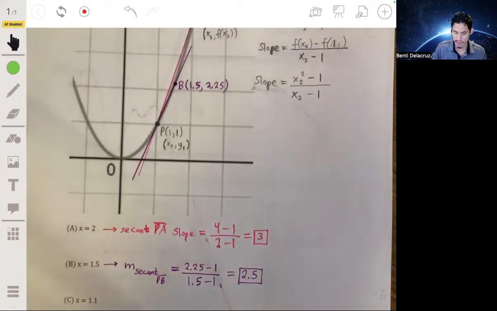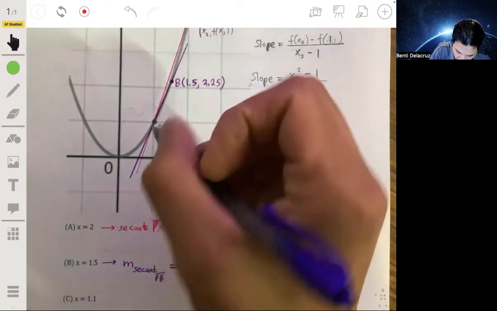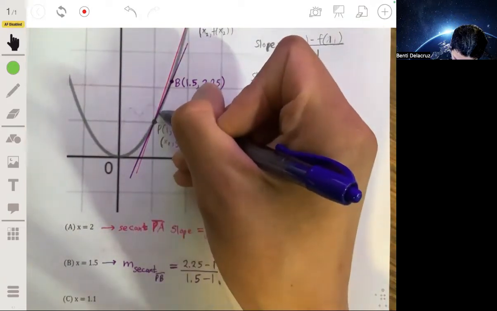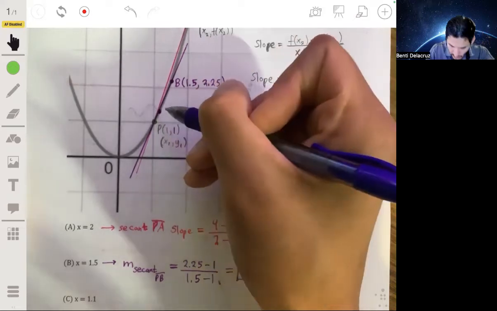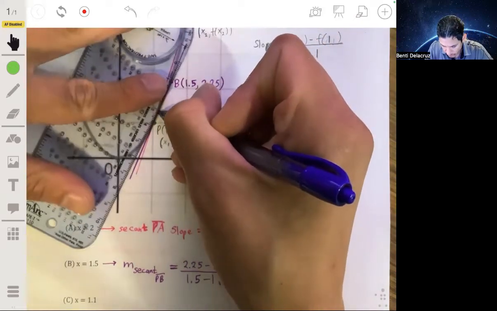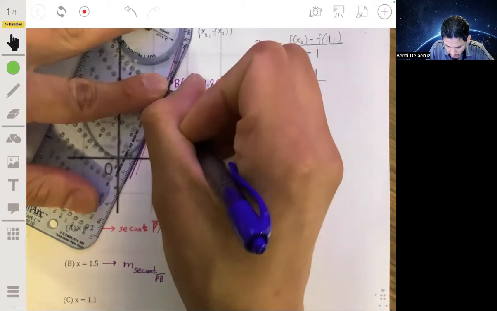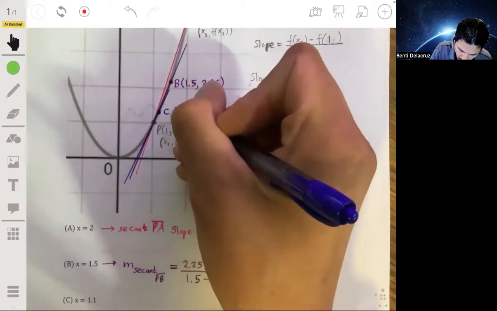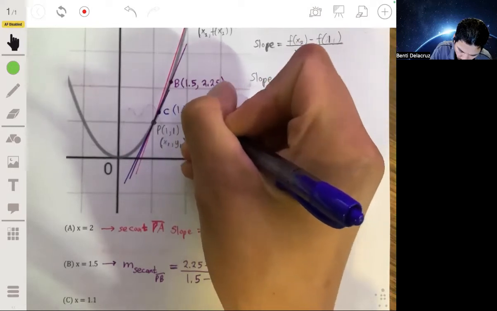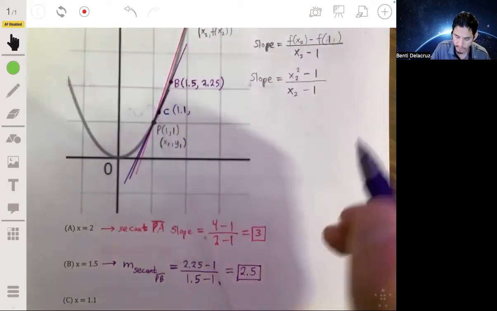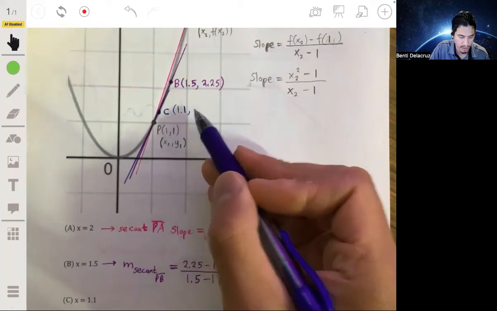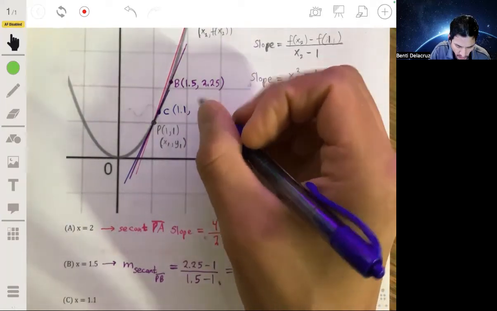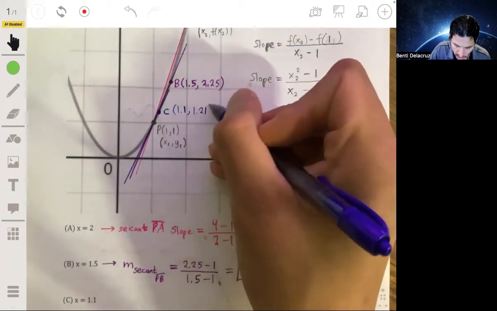Let's look at the slope of the secant line that goes through the point 1.1. So 1.1 will maybe be something like this. Can't really even see it any further. So 1.1, that'll be C. And that y value, 1.1 squared, you'll get 1.21.